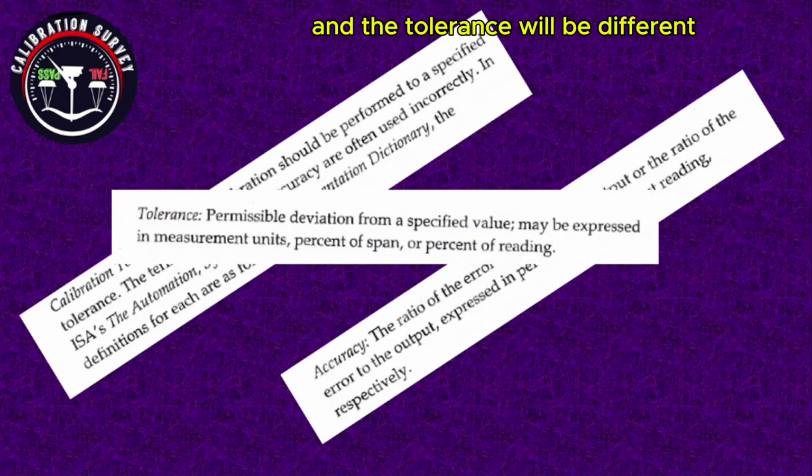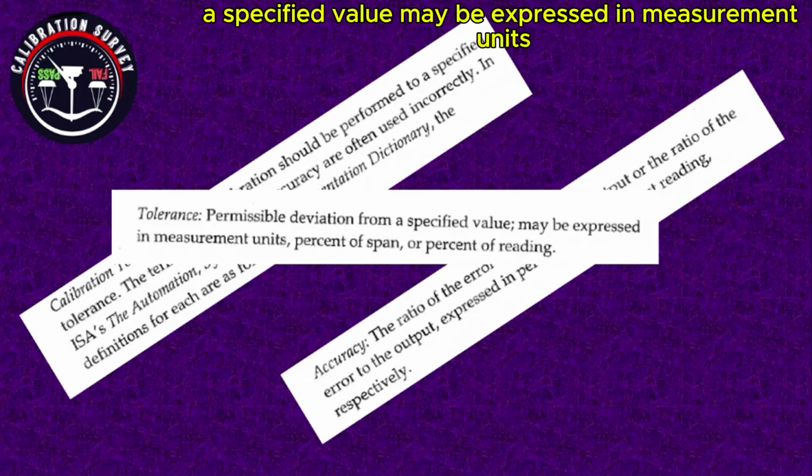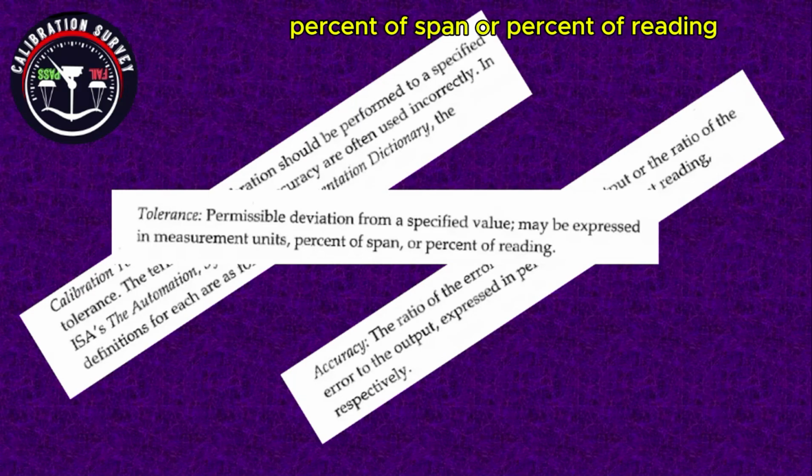And the tolerance will be different because it is a principal deviation from a specified value, may be expressed in measurement units, percent of span or percent of reading.